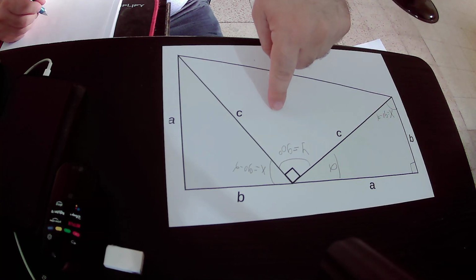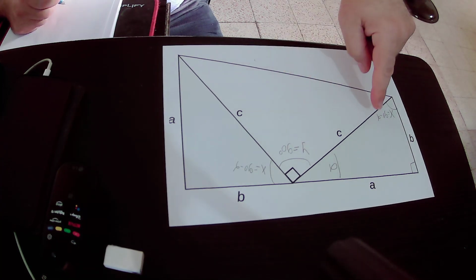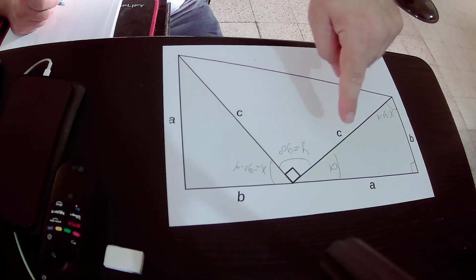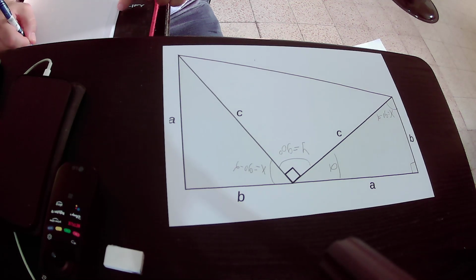The area of the middle triangle equals the base of the triangle times the height to this base, so it is C times C divided by 2.